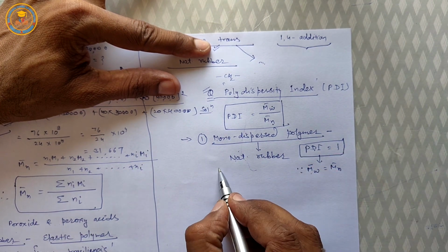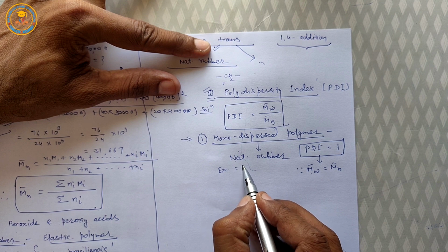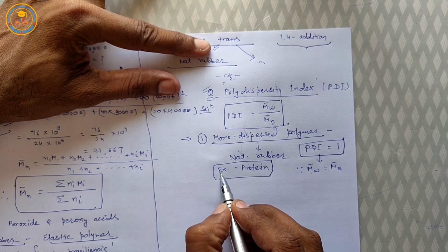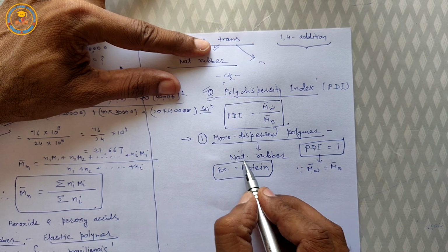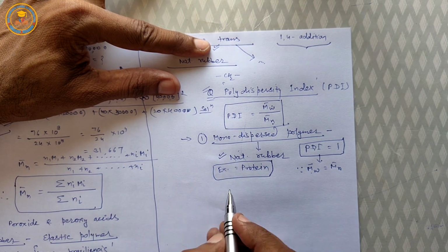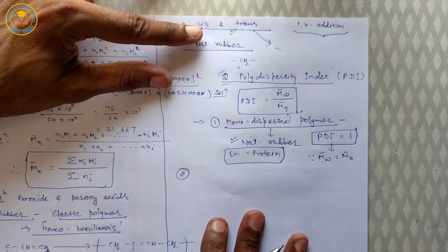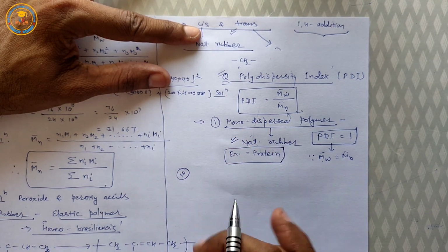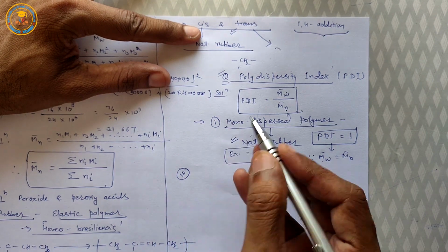Very important. For example, protein. We know that protein is a natural polymer. Now next, on the basis of PDI, the second type of polymers are polydispersed polymers.